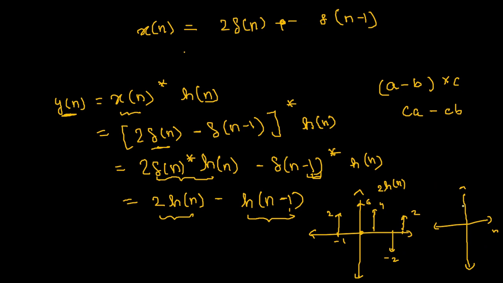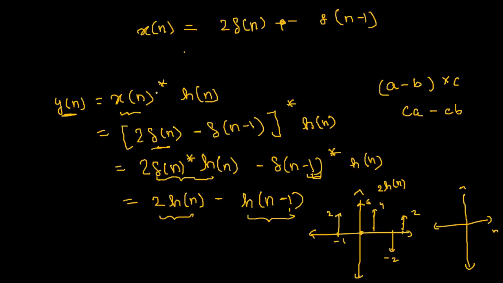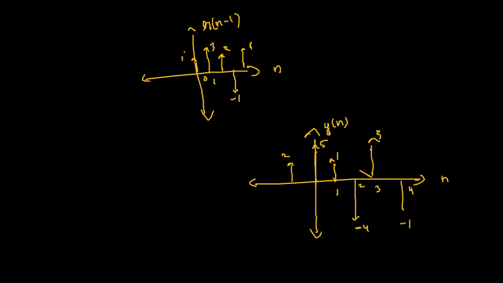We got two graphs, which is 2h of n and h of n minus 1, and then we found the difference between these two graphs, and that is what gave us the output.